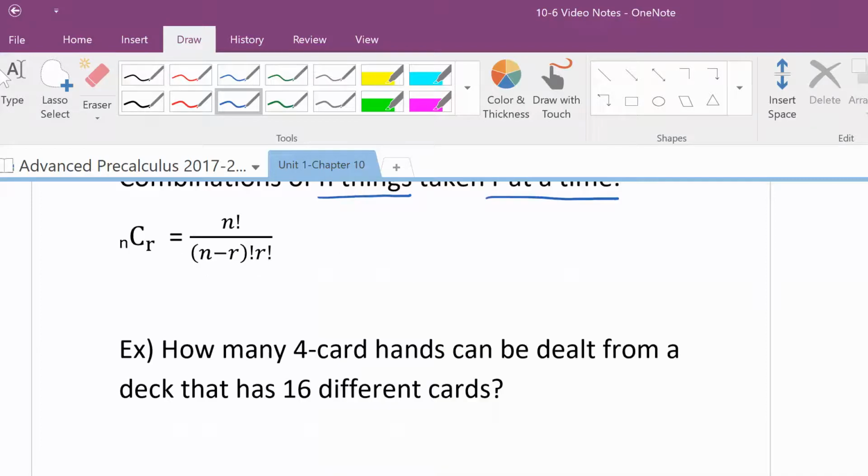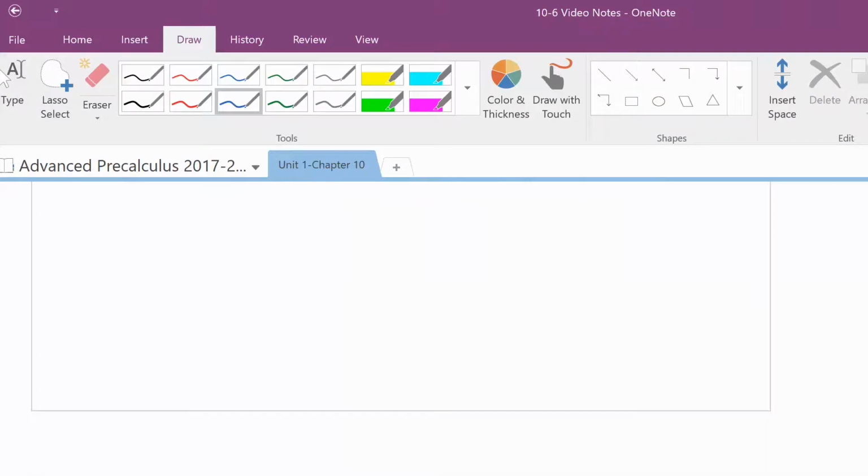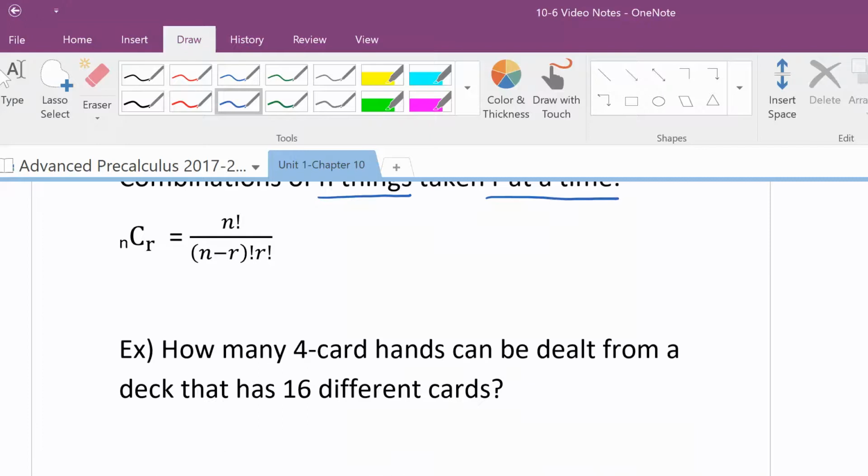So for example, how many 4-card hands can be dealt from a deck that has 16 different cards? So you have 16 cards and you're making a combination of 4 at a time. And it doesn't matter if you give the person the card first or if you give the card fourth, it's still in the hand.